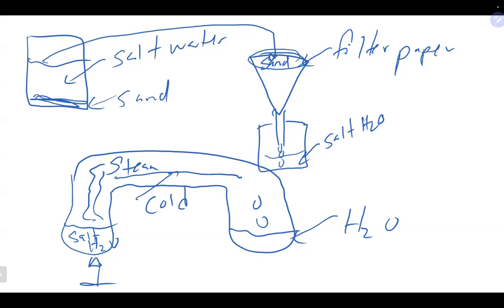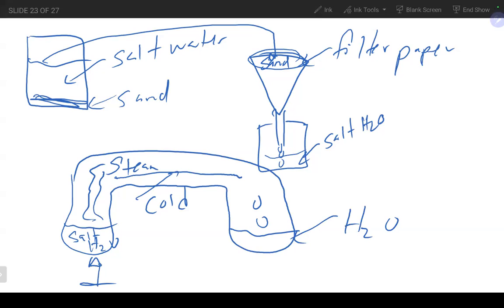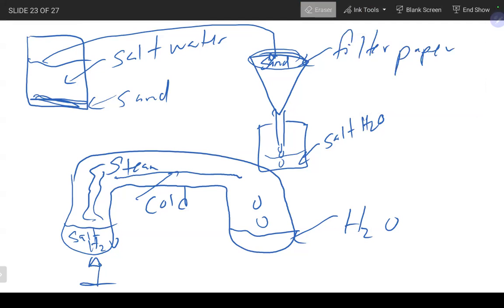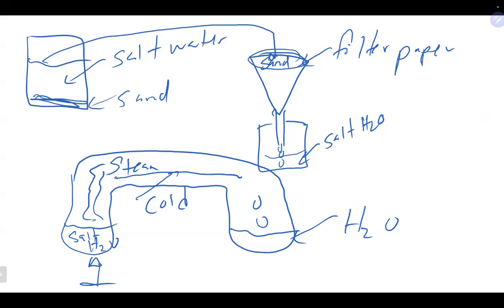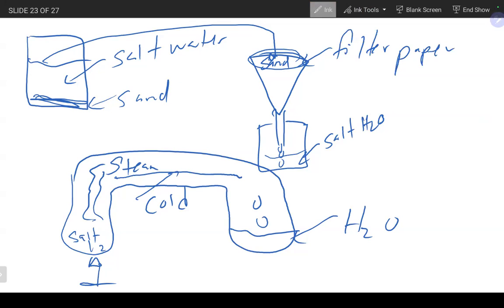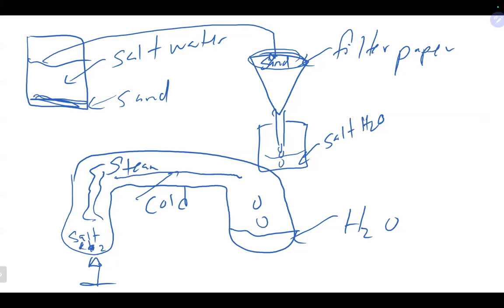And you continue this process of heating the left-hand side until you pretty much have evaporated off all of the water. Try not to erase my entire thing here. There we go. And what you will be left with on the left-hand side, you probably should shut the gas at this point, but you'll be left with just the salt on the left-hand side, right?